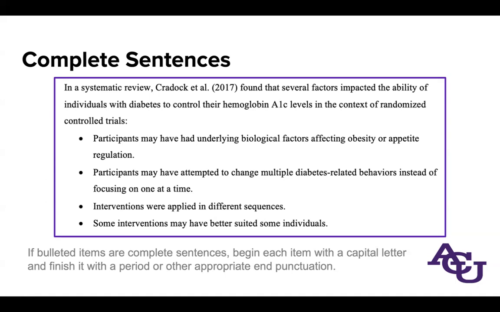Participants may have had underlying biological factors affecting obesity or appetite regulation. Participants may have attempted to change multiple diabetes-related behaviors instead of focusing on one at a time. And the last two are also complete sentences, but you can see that each one starts with a capital letter and ends with a period, because those are complete ideas in and of themselves.